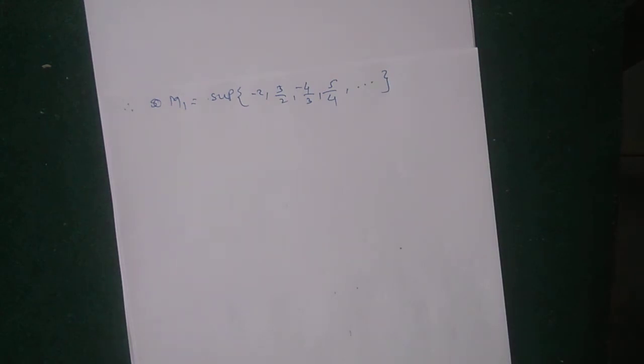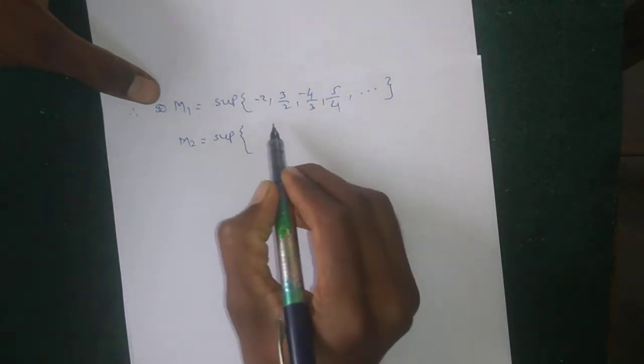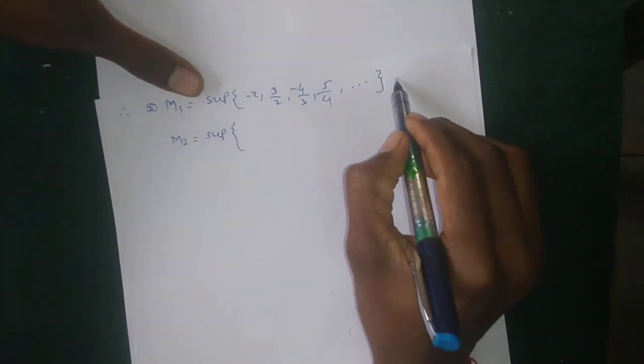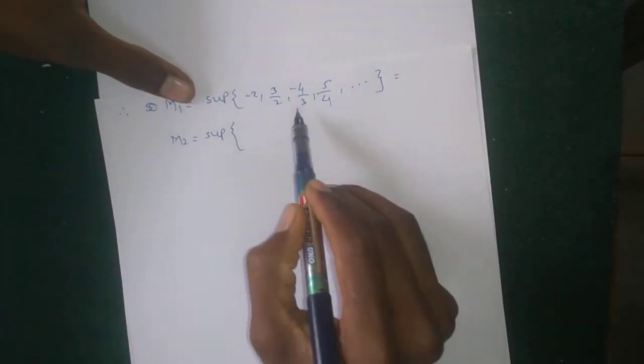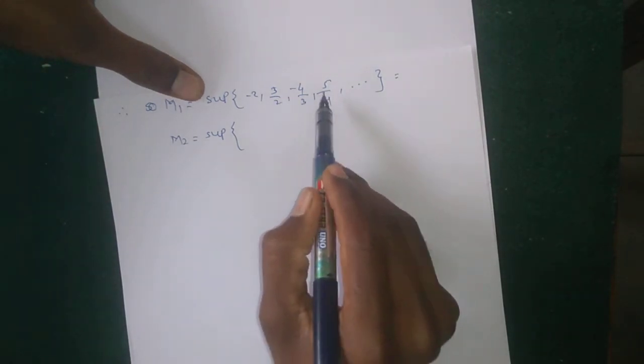Okay, then the second term M2. How to find M2? M2 is again a supremum of this term, but here M1 is the largest term. Here 3 by 2 means 1.5.